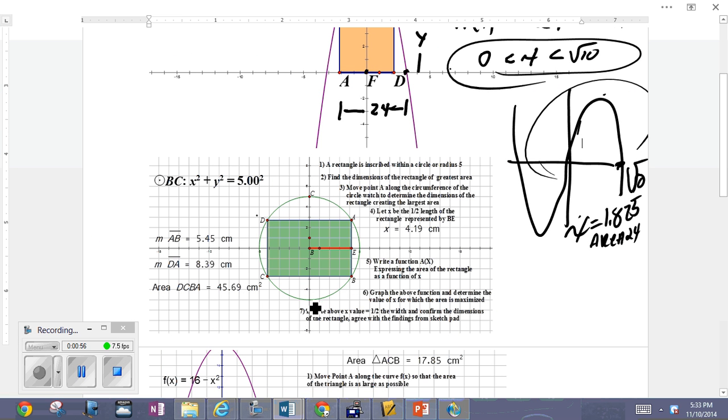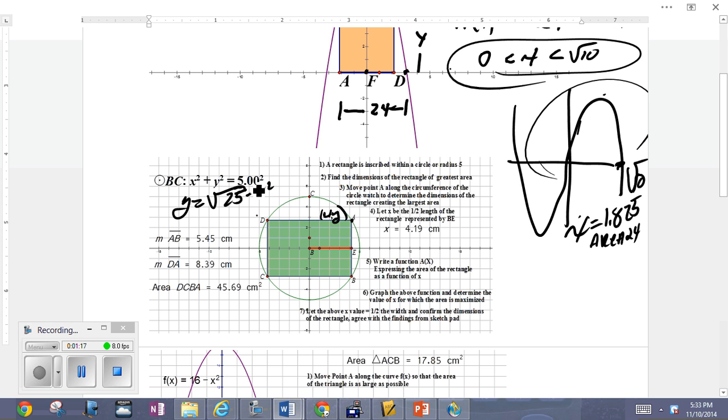So here I've got this back here again. Remember, we call this point xy. But remember, if you solve this for y, then y is equal to the square root of 25 minus x squared.